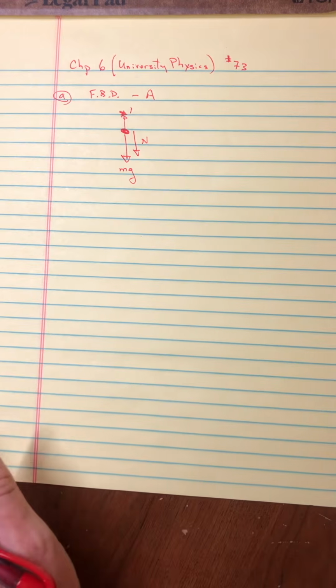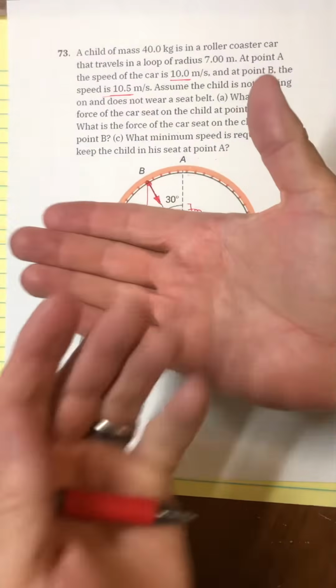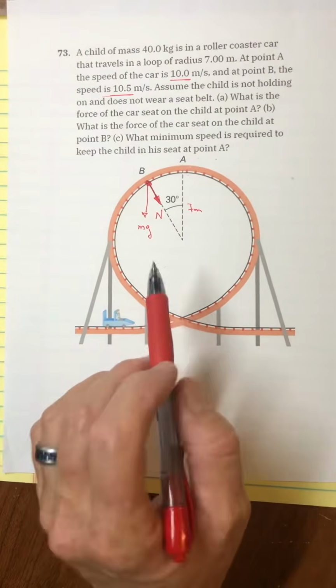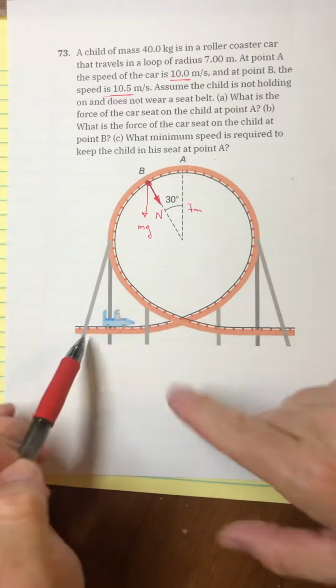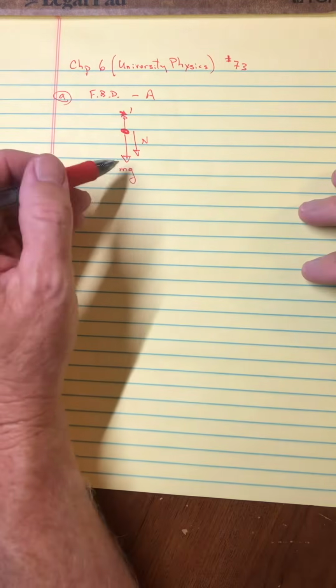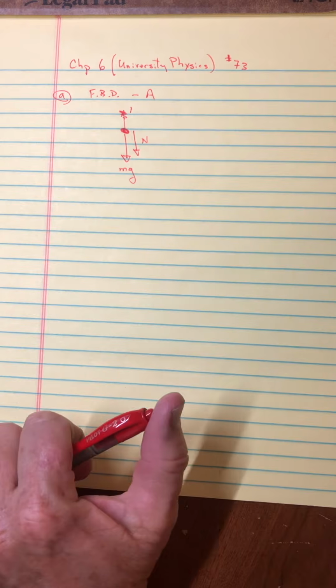So they're both pushing in the same direction. I almost drew up because normally you think of a seat pushing up on somebody. But I need to go back to my physical picture, which says the roller coaster goes around, so the roller coaster's upside down. Interesting here that the seat is pushing down and so is the gravitational force.